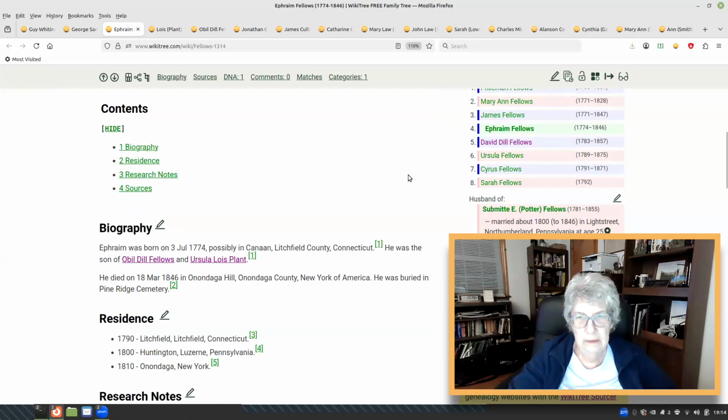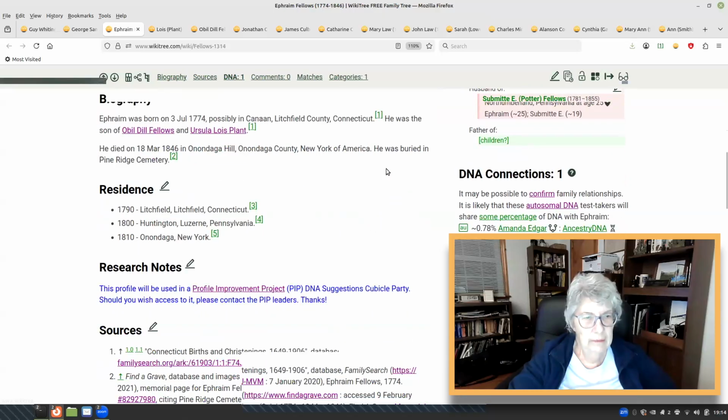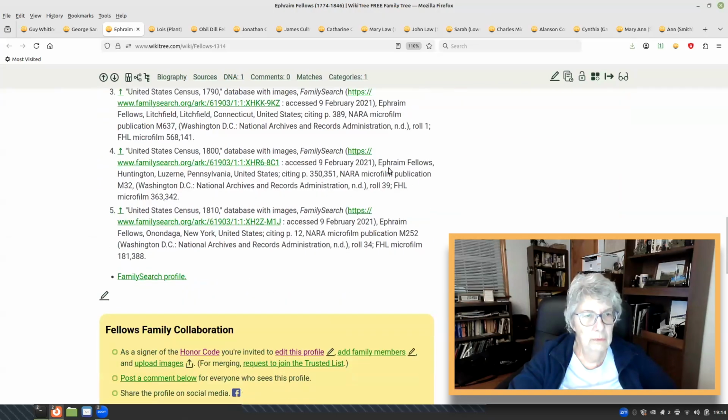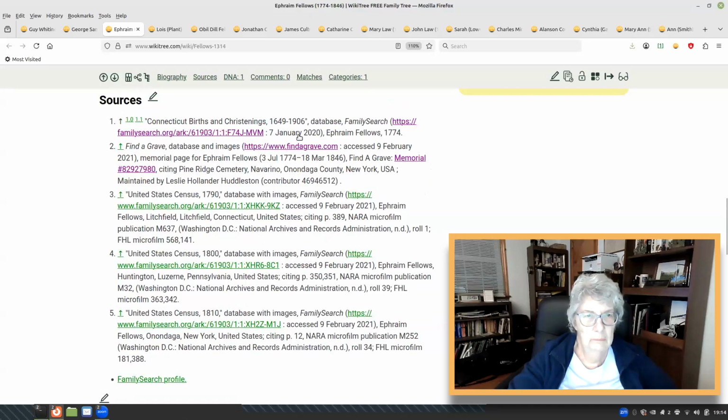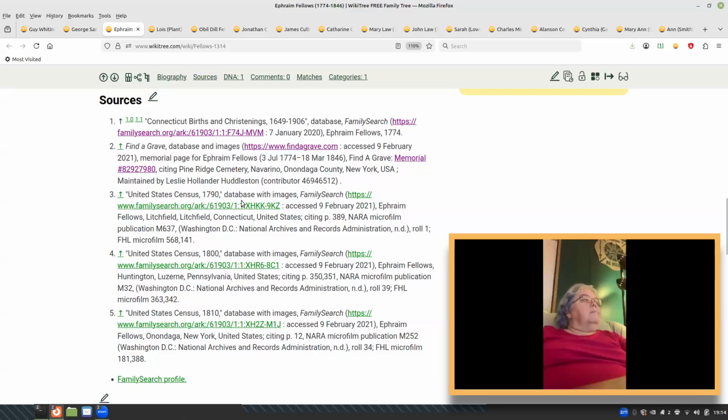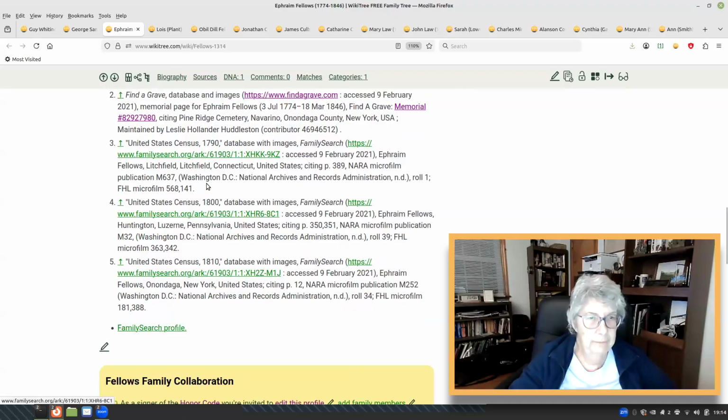So this has no DNA confirmation source. It's got a birth. It's got his grave memorial. Oh, somebody's different manager now. A couple of census records. I don't know, those are so early.